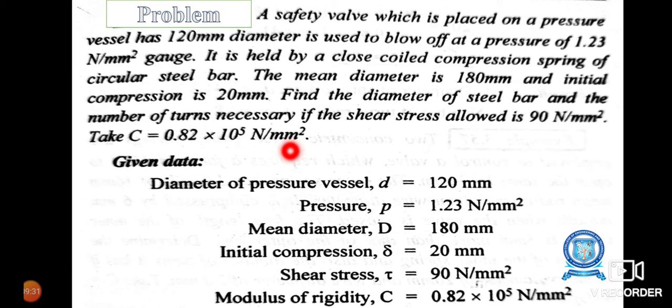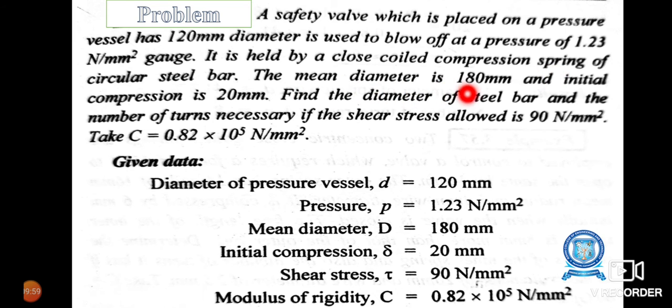So once again I will read the problem. A safety valve which is placed on a pressure vessel has 120 mm diameter, and is used to blow off at a pressure of 1.23 Newton per millimeter square gauge. It is held by a closed coil compression spring of circular steel bar. So the spring is a closed coil spring.